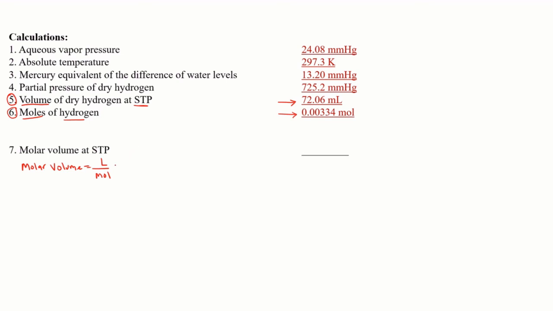First I need to convert milliliters to liters. So 1 liter is 1,000 milliliters, and this will give me 0.07206 liters.